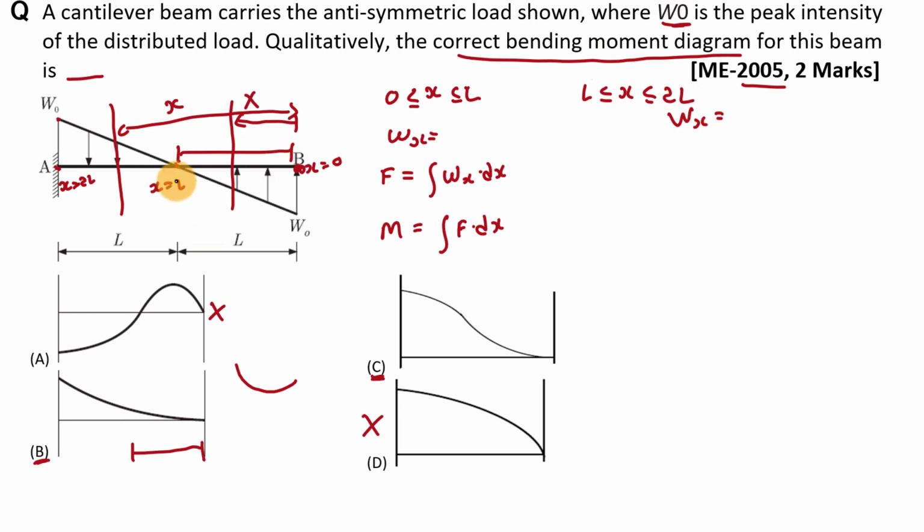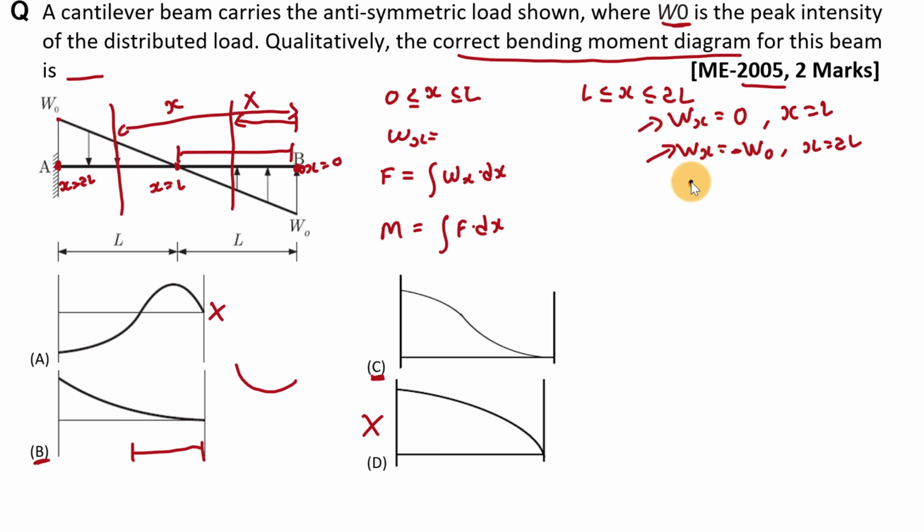Here we know that at this point where x is equal to L, Wx is 0. And at x equal to 2L, the value of this Wx is minus W0. Now we have these 2 points, and by using these 2 points we want to find out the equation of this line.